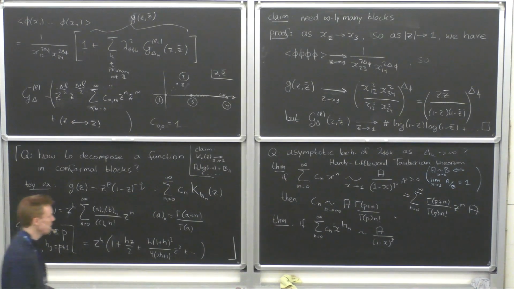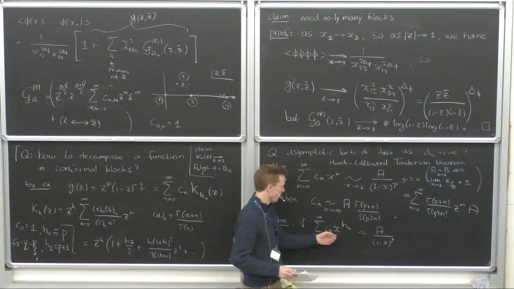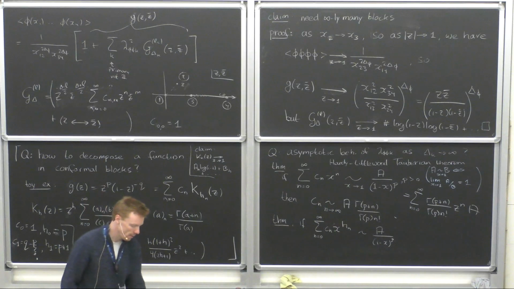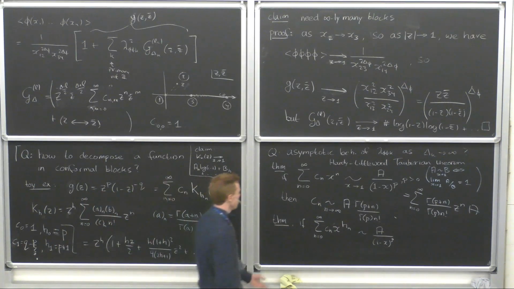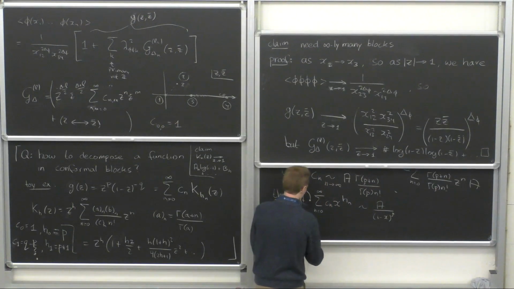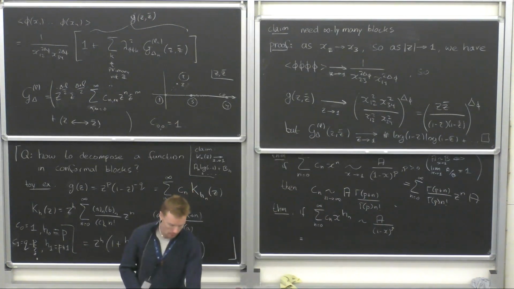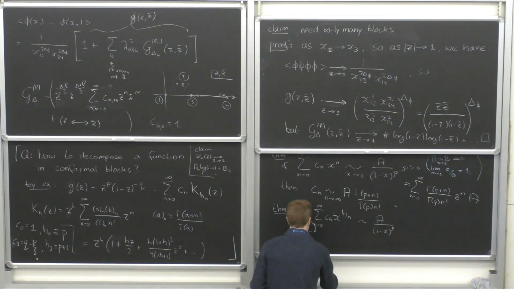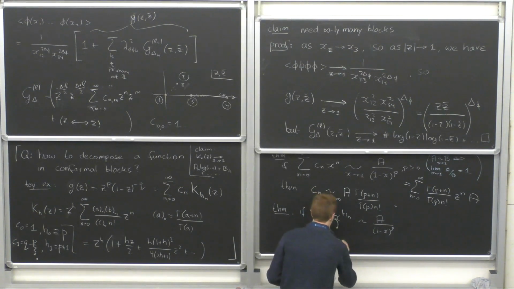The powers of x are now more complicated. But you can still say something, so we should just rewrite this as an integral. So let me rewrite the left-hand side: the integral from 0 to infinity of c tilde of h, x to the h, dh.